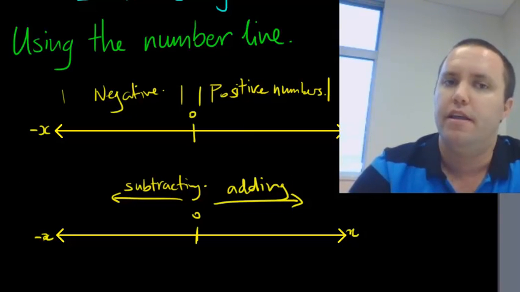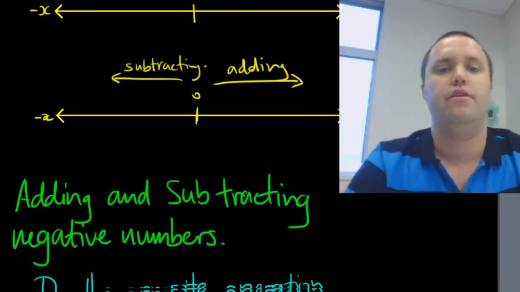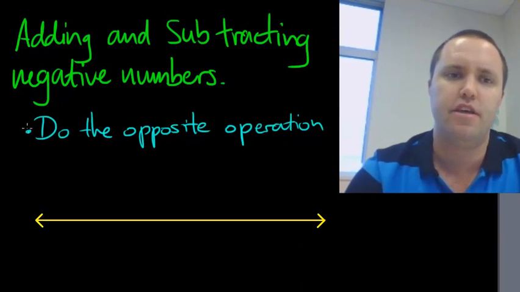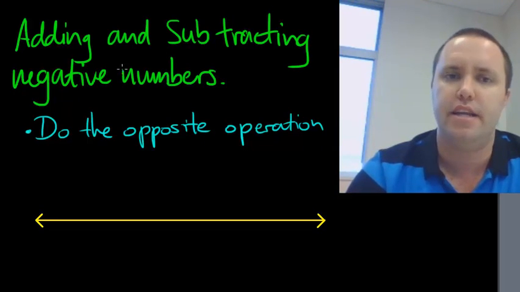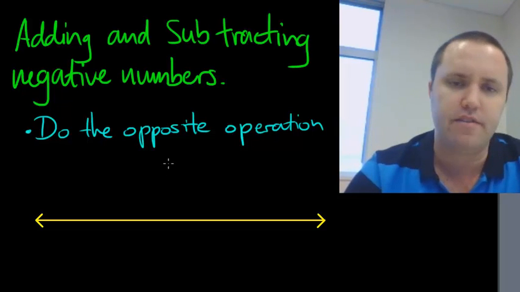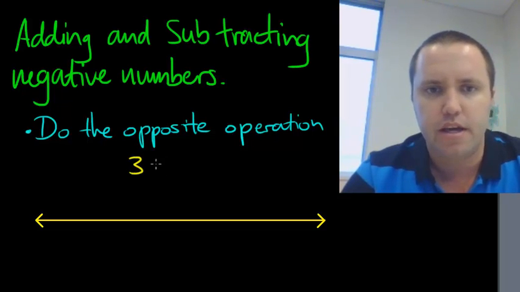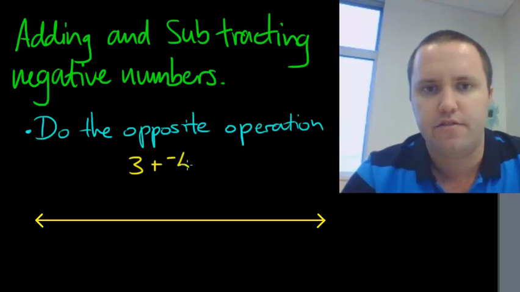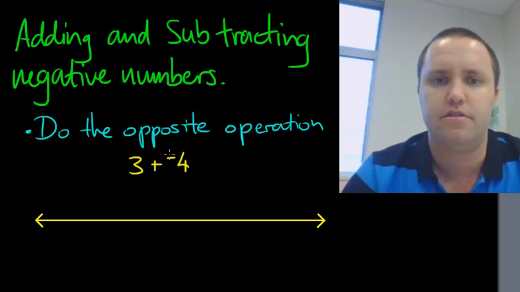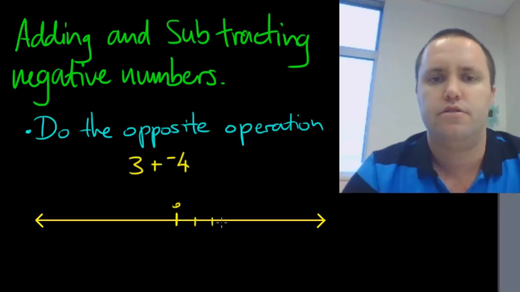Right. That is going to change a little though. So, looking at adding and subtracting negative numbers. The main thing to think of is if you are adding or subtracting a negative number, you do the opposite operation. Now, for instance, let's have a look at something like 3 plus negative 4. See how I've put my negative up a little bit so it's not going to be confused with a subtraction sign. Right, 0, 1, 2, 3, and might need some down here.